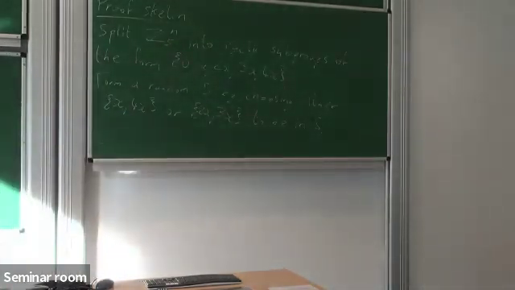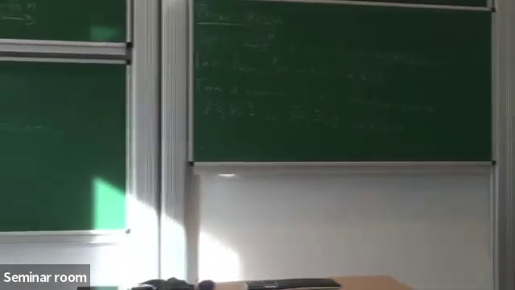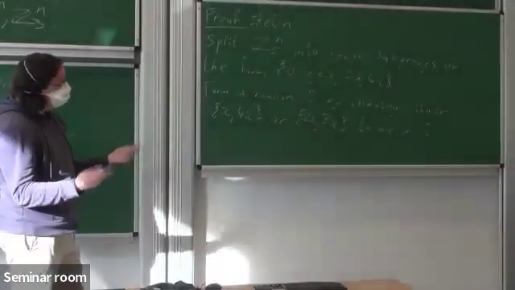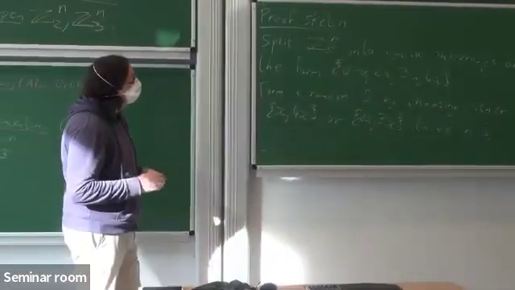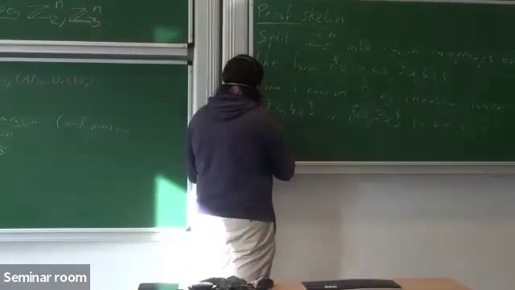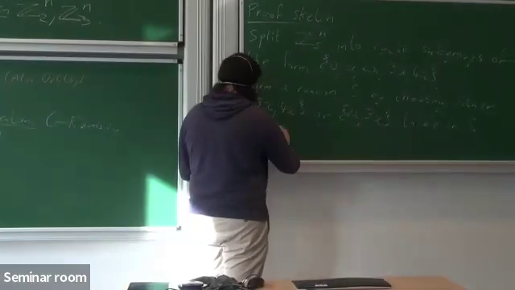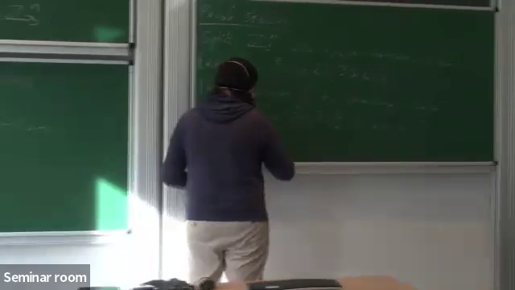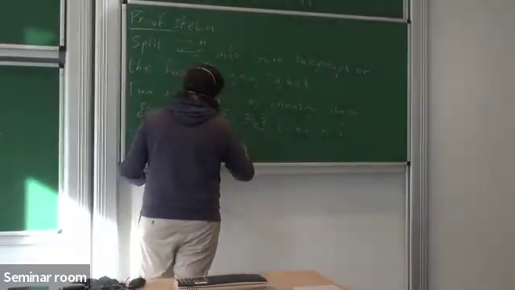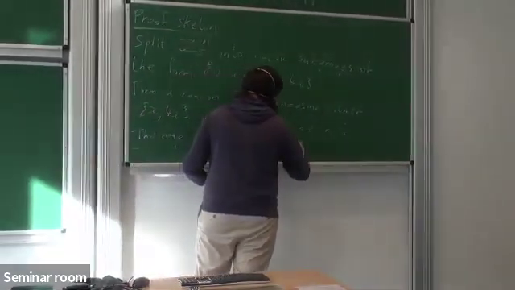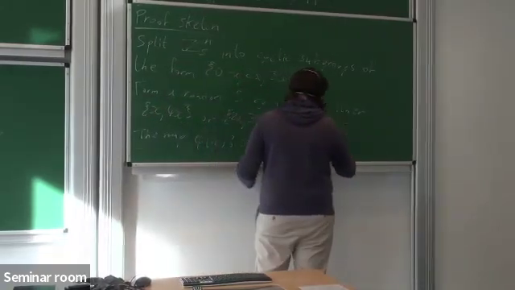This is self-complementary because x and 4x are minuses of each other, and 2x and 3x are minuses of each other. And the map phi, x goes to 2x, takes edges to non-edges.